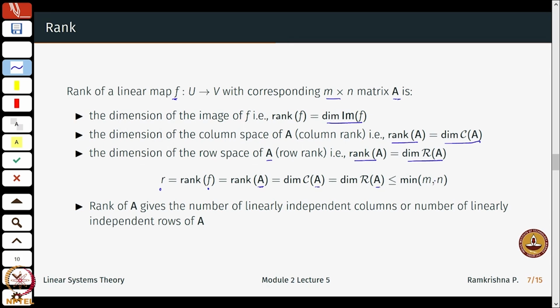I think you can just write down a little example, but these are pretty straightforward, right. Okay. Now, what does the rank of A give me? The rank of A gives me the number of linearly independent columns or the number of independent rows of A.